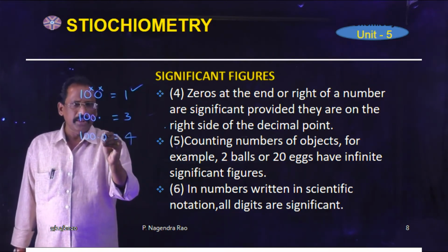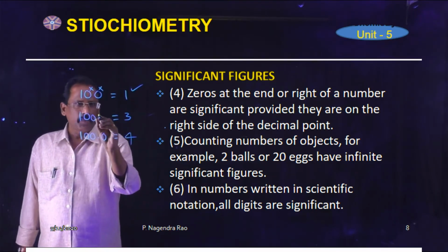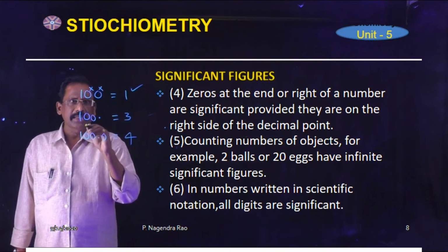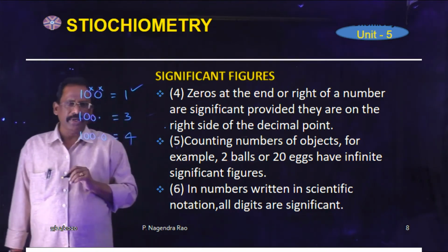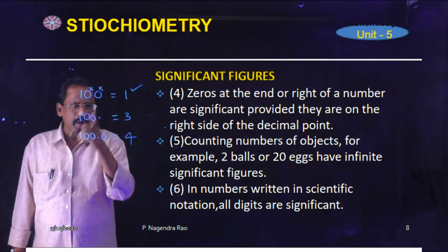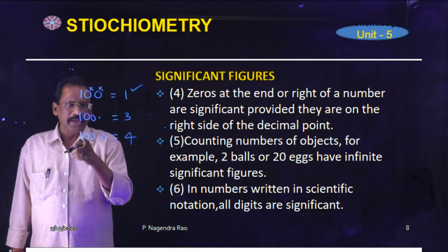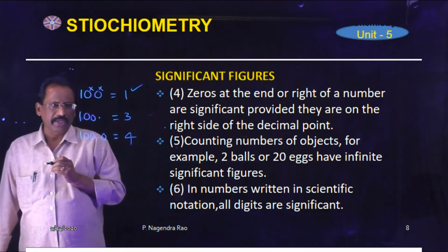That's why this 0 becomes significant. Now here this point makes these two zeros significant. So in 100 there is only one significant figure. 100. shows three significant figures. 100.0 shows four significant figures.